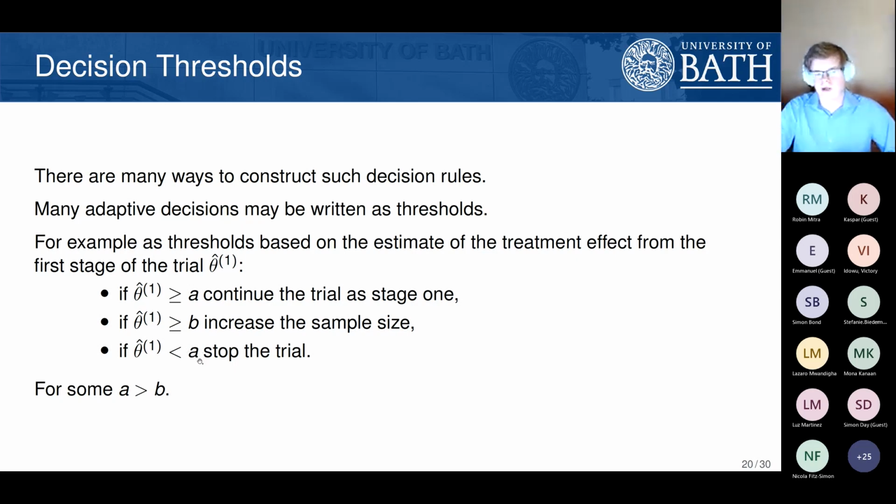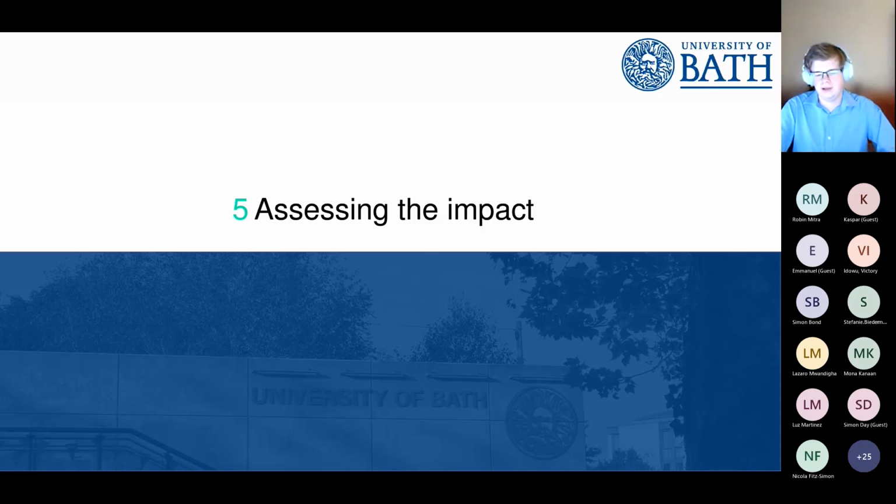We might stop the trial. So this is our futility stopping if the estimate of the treatment effect at the interim analysis is not sufficiently strong. So very simple thresholding idea. And we're going to essentially use this thresholding idea to illustrate the potential impact of this missing data.